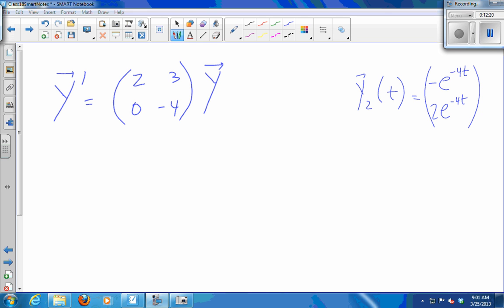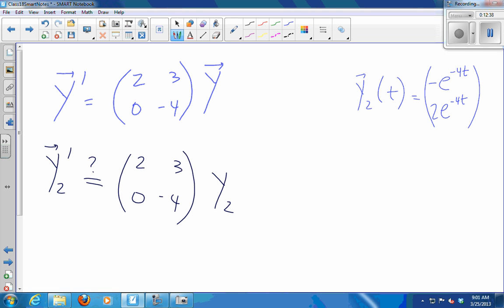Okay, so I'm going to take my y2 and plug it into this matrix equation. I want to check, does y2 prime equal 2, 3, 0, negative 4 times y2? We want to know if this is true.